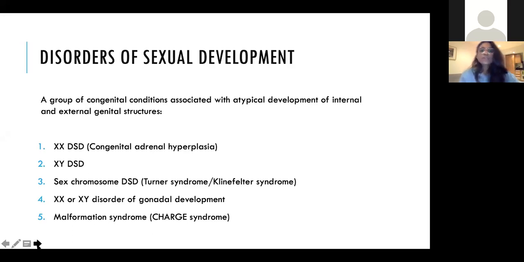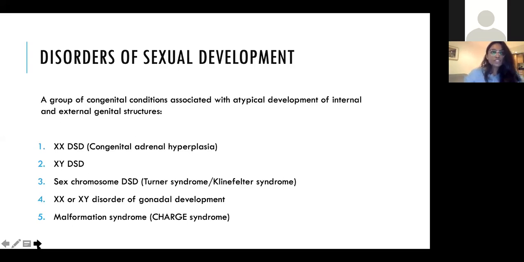All right. So disorders of sexual development is essentially a group of congenital conditions. Congenital means that you're born with it. Associated with abnormal development of both internal and external genital structures. Again, there are so many causes. You don't need to know all of them or even most of them. I don't know most of them.